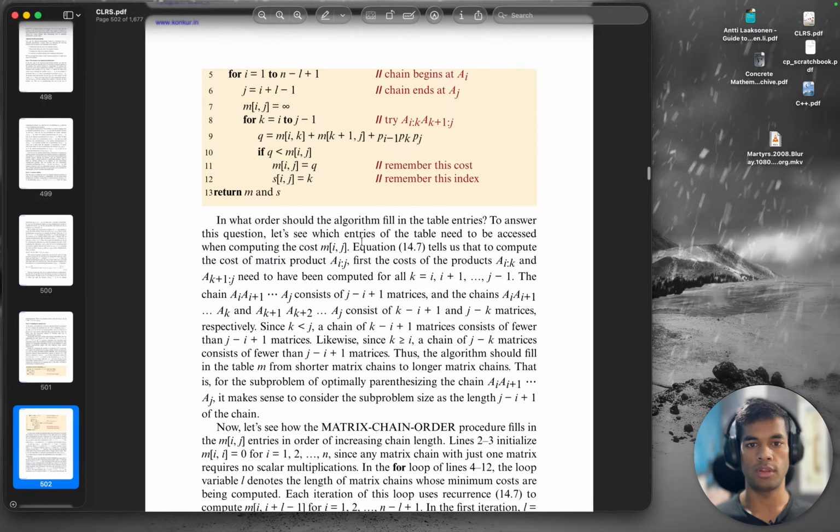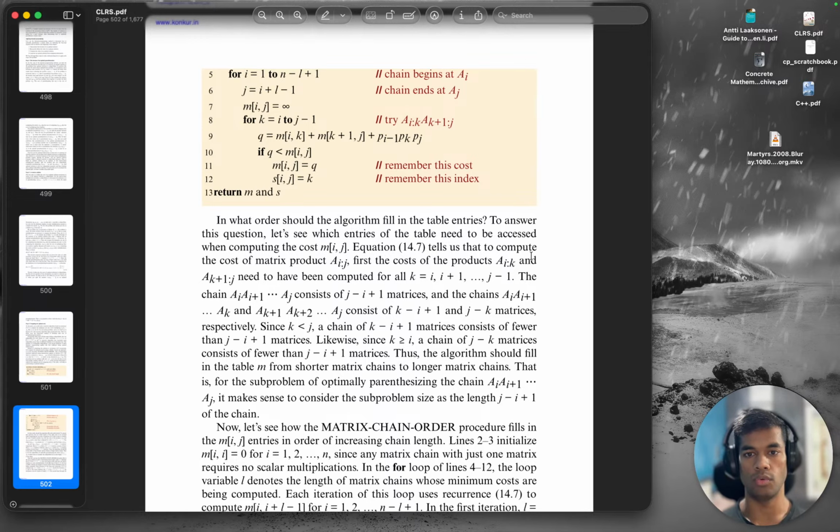In what order should the algorithm fill in the table entries? To answer this question, let's see what entries in the table need to be accessed before computing cost m[i, j]. Before computing m[i, j], I need answers for i to i+1, i to i+2, till i to j-1, and also for all the subsequent right-side matrices.